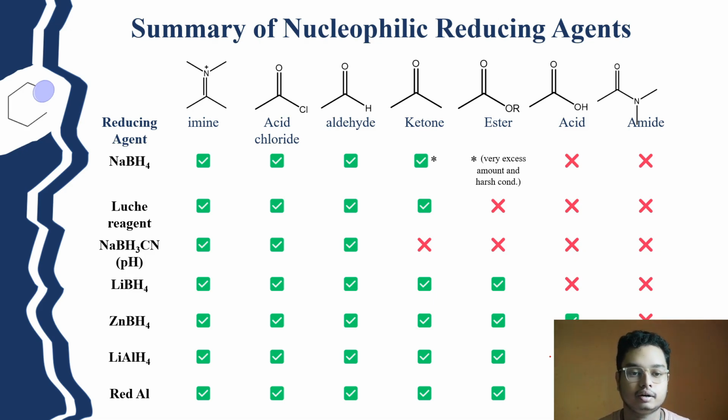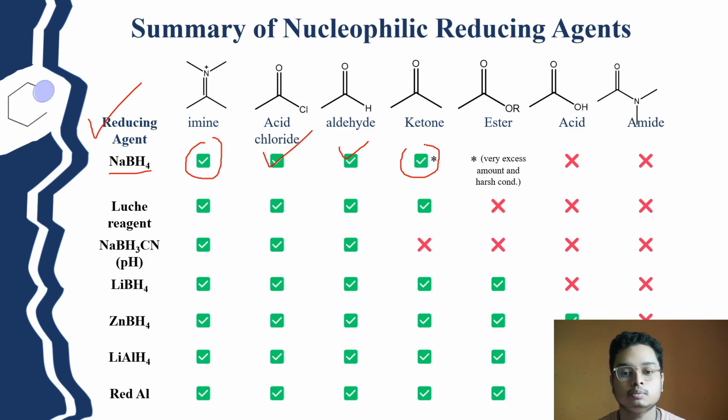So let us talk about the summary of all our nucleophilic reducing agents. This is the master slide of our whole lectures from lecture 3 to lecture 8. First, let us talk about NaBH4. With NaBH4, imine reduction is possible. Acid chloride reduction is possible. Aldehyde reduction is possible. Ketone is also possible at room temperature or higher temperature, but at lower temperature ketone is not reduced.